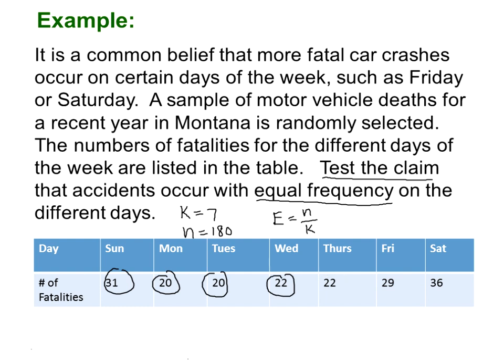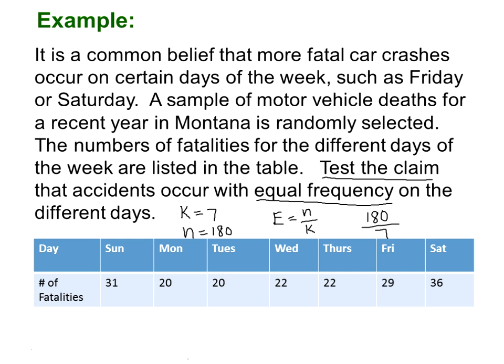So what would we expect would happen if accidents occur with equal frequencies on the different days? Well, to find that out, you have to calculate what E is, and it would be N over K. So N was 180. That's our total number of fatalities, right? And then you divide that by the number of categories.